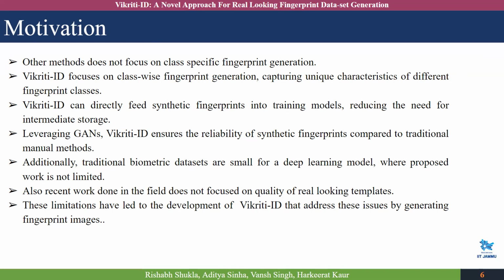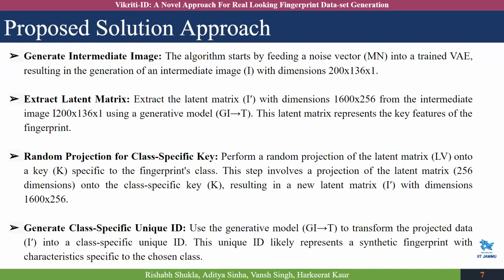We can attach any model to this Vikriti-ID, and Vikriti-ID will generate the data and provide it to the model for training. So we don't need storage and other things here, which is also a good thing for us. Also, we have multiple impression generation, so we can generate multiple impressions, and Vikriti-ID overcomes this problem of lack of datasets.